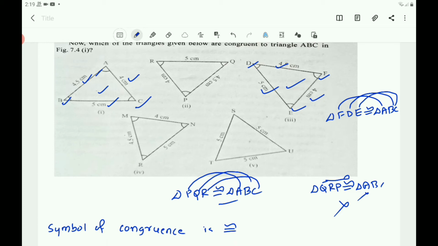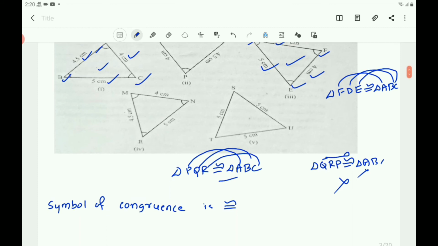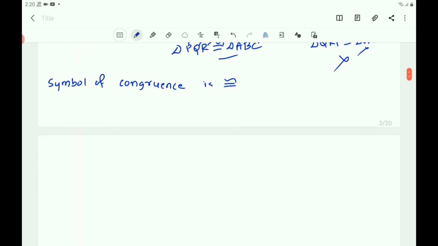And we have to note that in congruent triangles, corresponding parts are equal. Therefore, you can write the word CPCT. For corresponding parts of congruent triangles, we can take the symbol CPCT. CPCT means corresponding parts of congruent triangles.